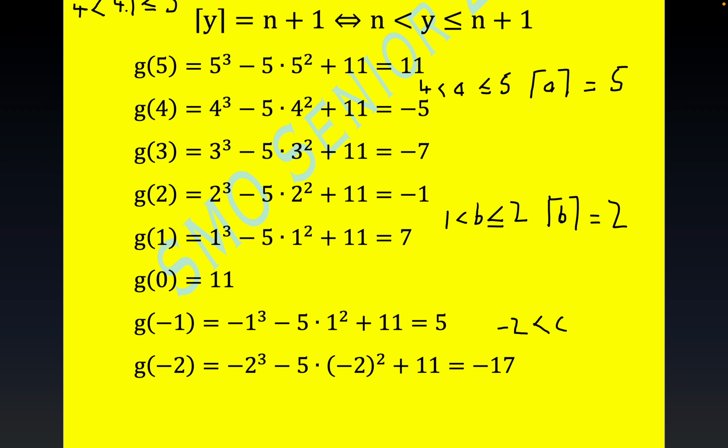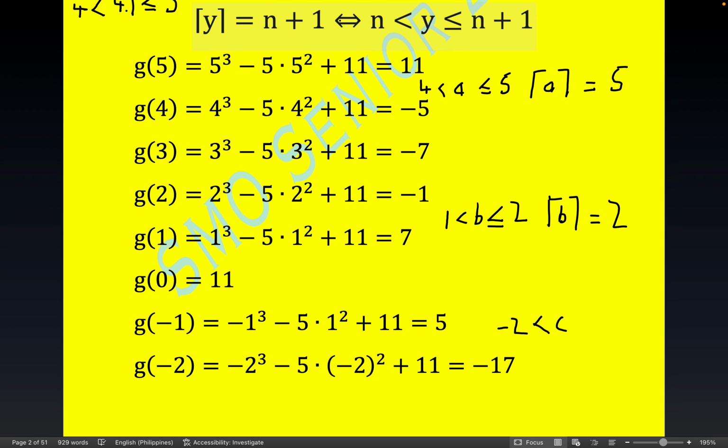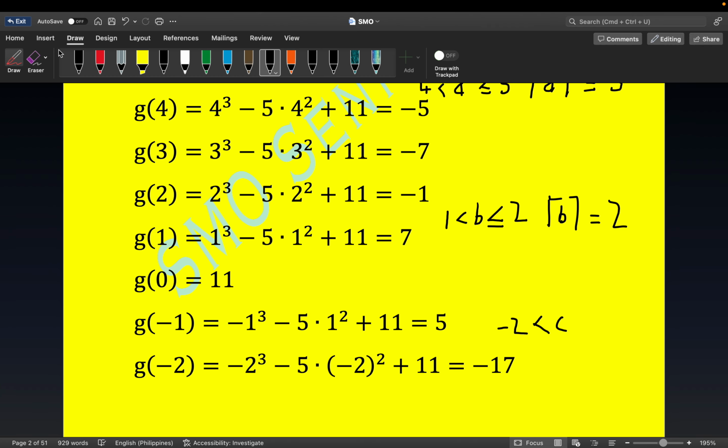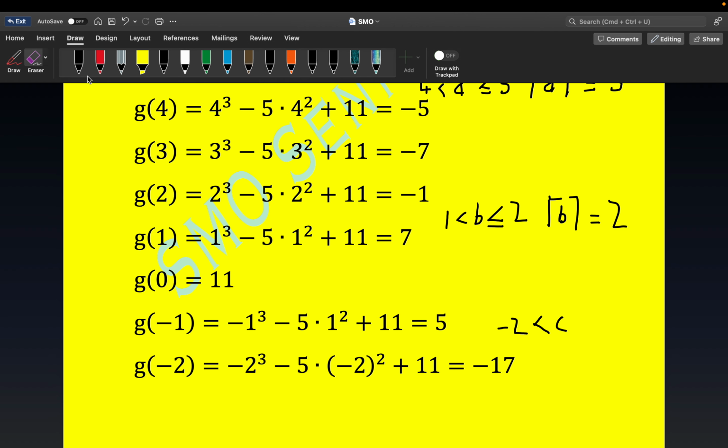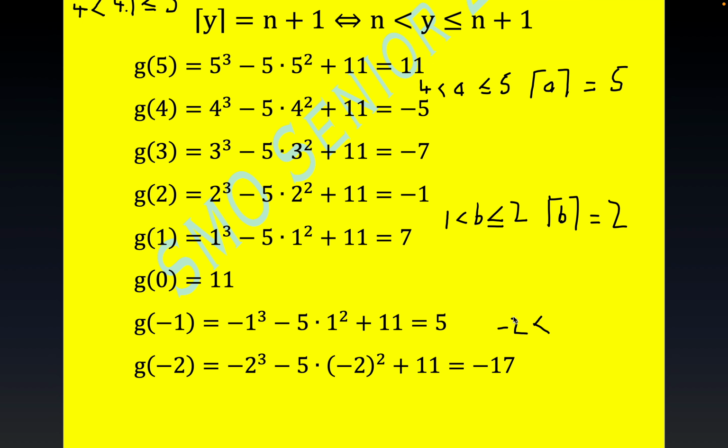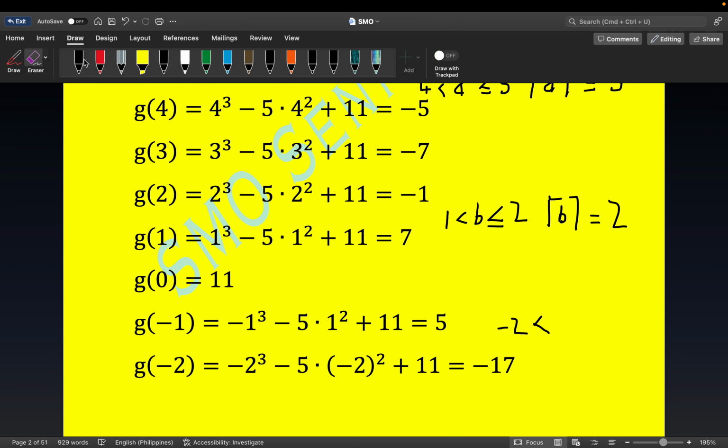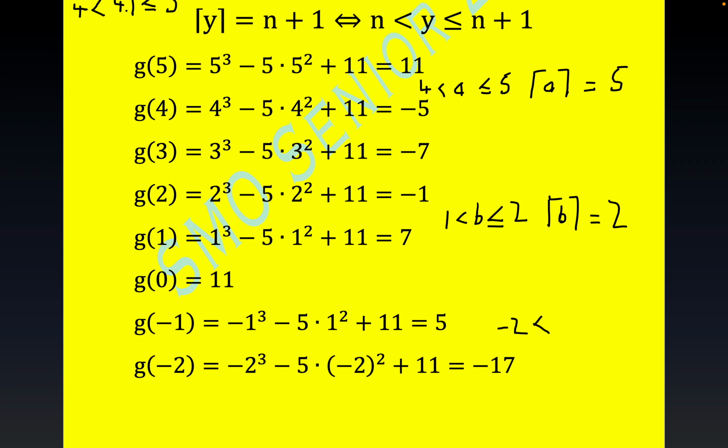And it's less than, or whoops, yeah, let me erase, folks. Okay, so we have minus 2 is less than C. I didn't need to erase, did I? Okay, is less than or equal to negative 1.